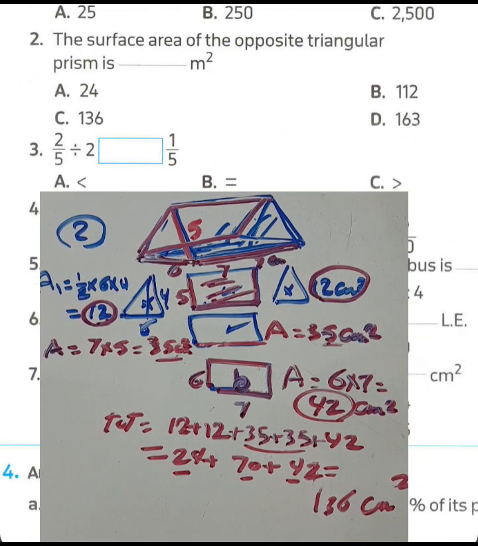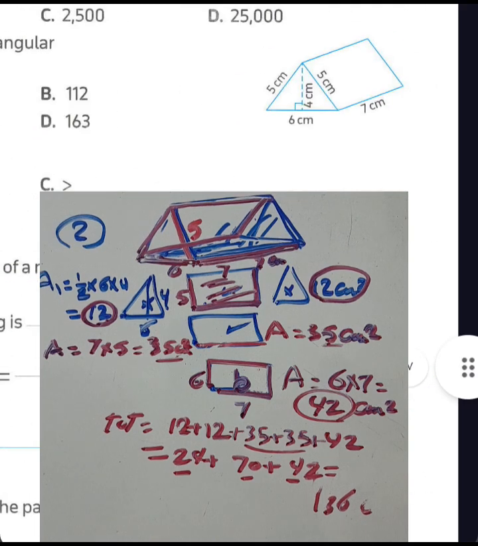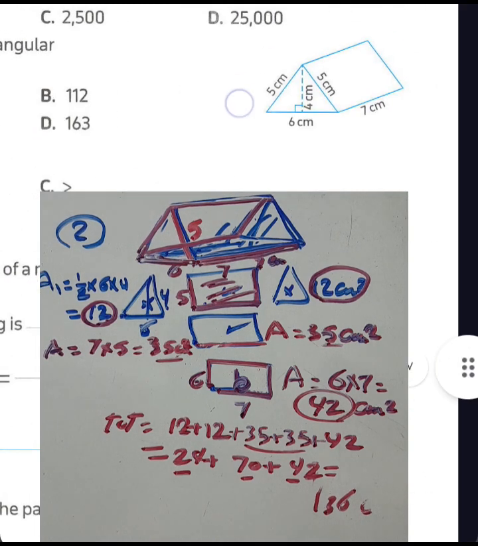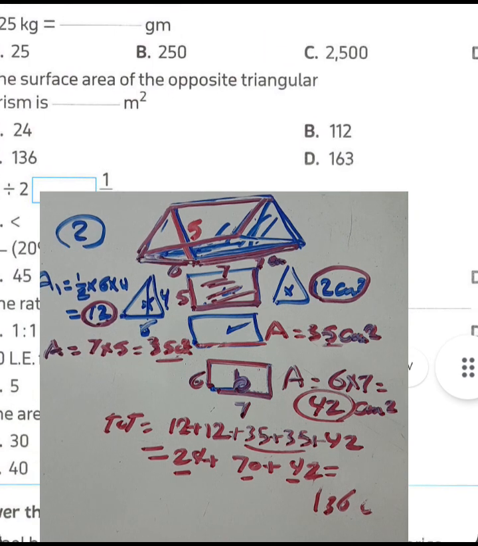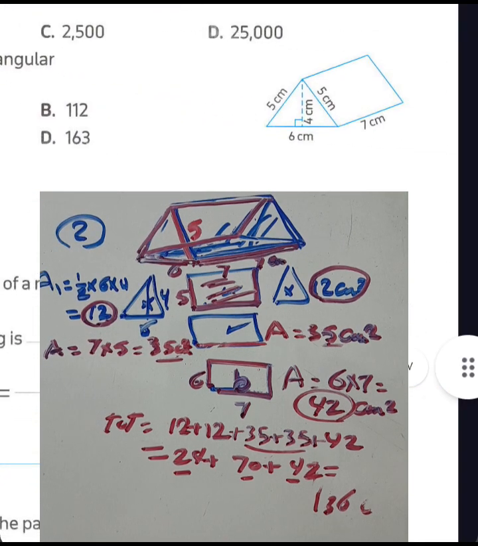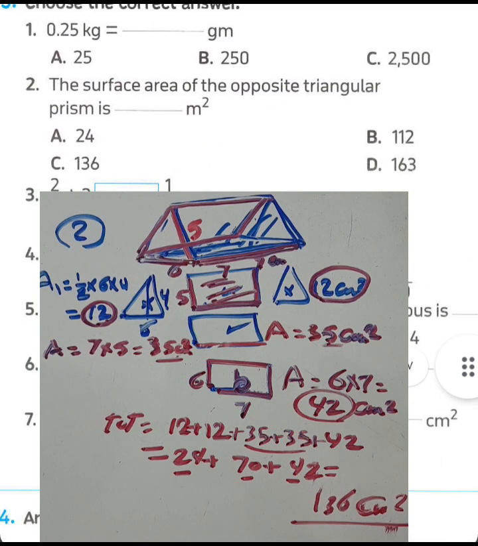The given dimensions were in meters. Okay, all dimensions were in meters, not centimeter. Oh, it will be square centimeter, like these dimensions. Okay, square centimeter, it's the area, not square meter. It's wrong. Right here, cancel this unit and write square centimeter.